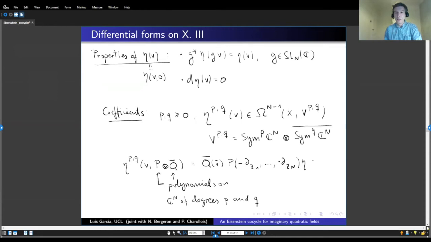So basically, the polynomial P acts by differentiation, and the polynomial Q acts by multiplying by conjugates of the coordinates z1 up to zn. So in such work on the cocycle for totally real fields, the polynomial Q doesn't appear because there is essentially only one parameter, but one can incorporate it like this, and one obtains a form with essentially the same properties that I just pointed out for eta. So it's still closed and equivariant, and it's the form that we will use to form our Eisenstein series.